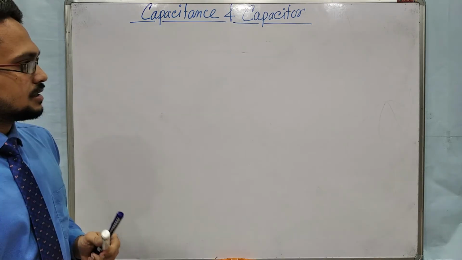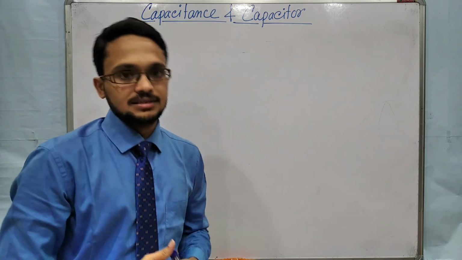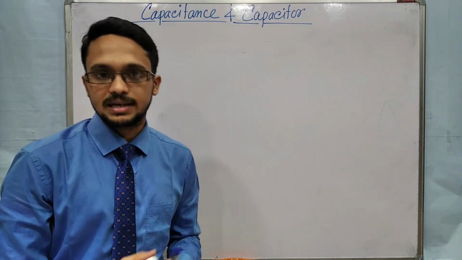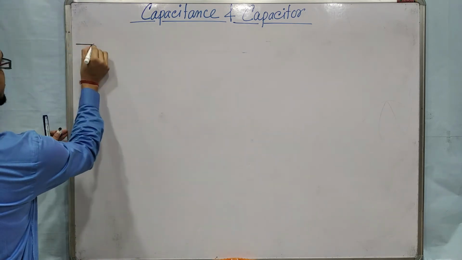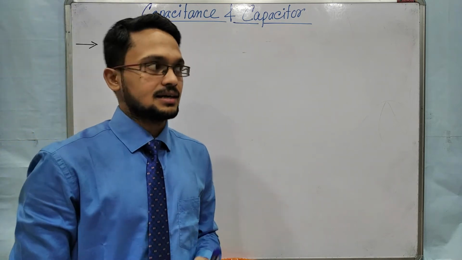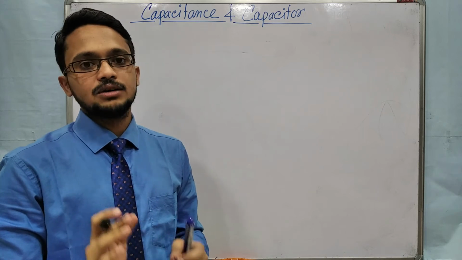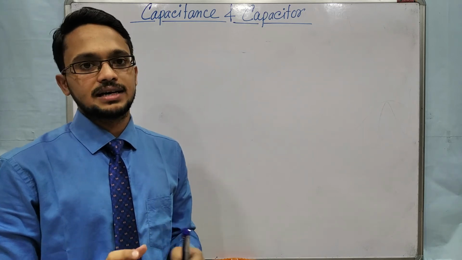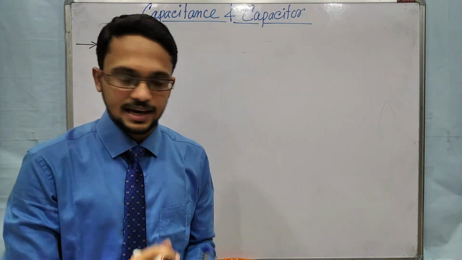Now come to the theory of capacitance of a capacitor. This theory tells that the capacitance of any conductor can be increased by reducing the potential difference between the conductors, keeping charge constant.